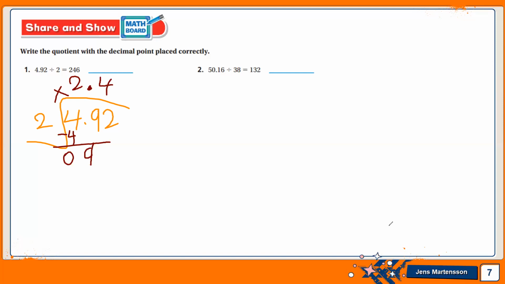Yes. So here you say 4. 4 times 2 is 8. Then what do you have to do next? 2 down. Bravo. And then 12 divided by 2. 6. Bravo. 6 times 2, 12. Then subtract. Then the remainder is 0. So here, what is the answer? 2.46. Thank you so much.